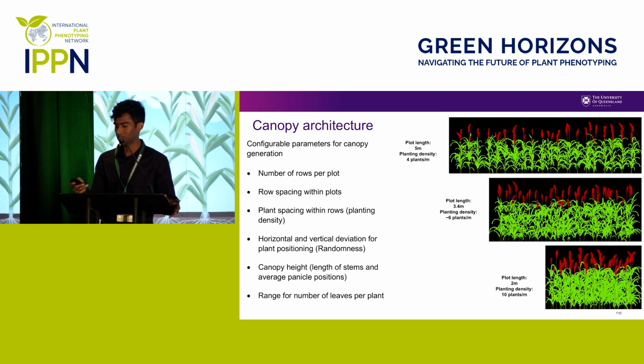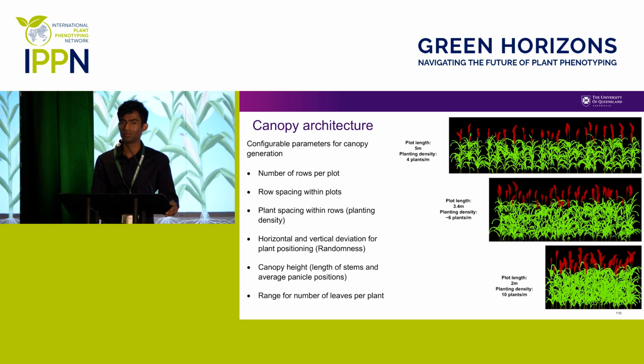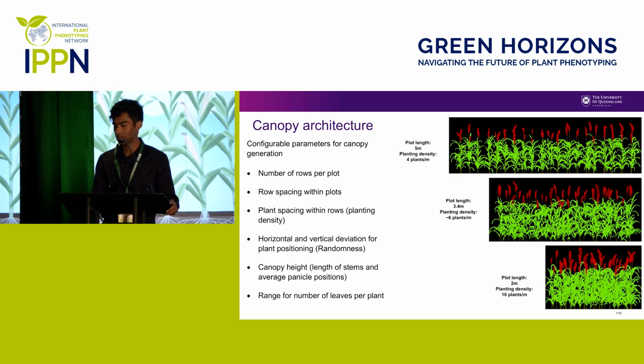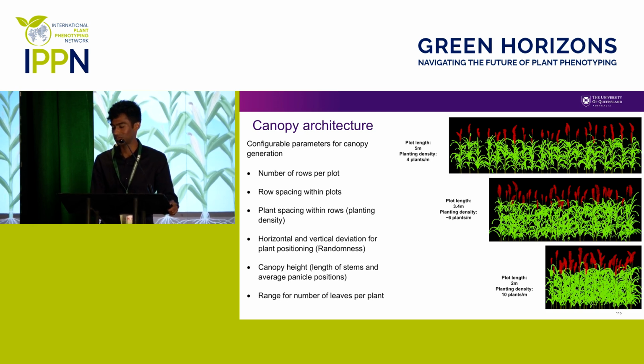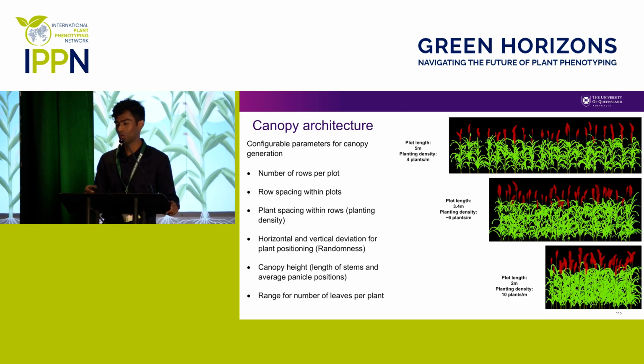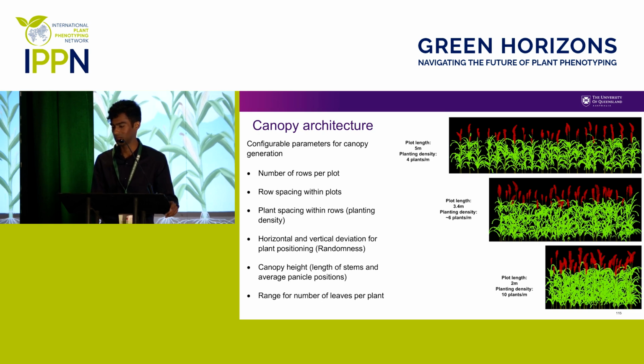You have a few definable parameters like the number of rows in the plot, the inter-row spacing, and the spacing between the plants, or the planting density. We're also introducing some randomness by adding some noise to these plot parameters. You can also specify the average canopy height and the number of leaves for each plot. The objective here is to generate a wide variety of plot configurations to train robust deep learning models.